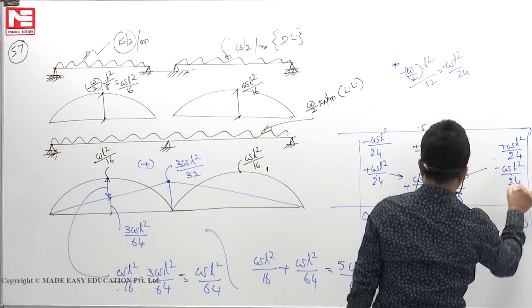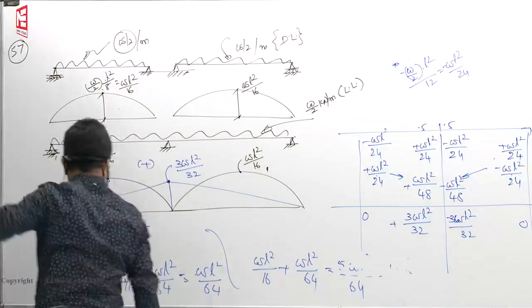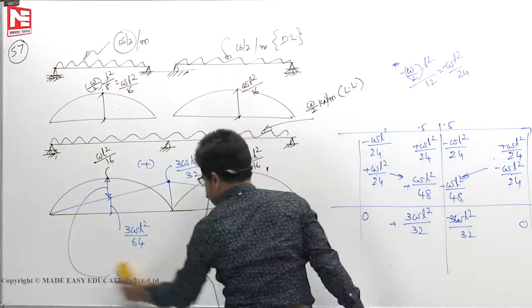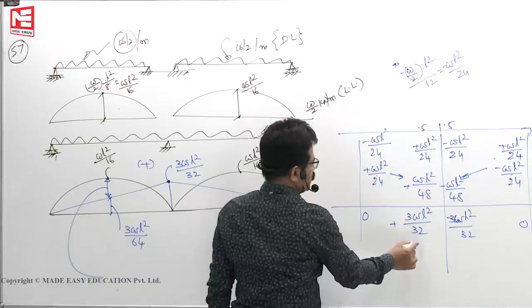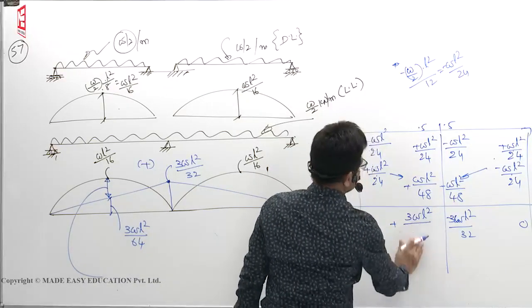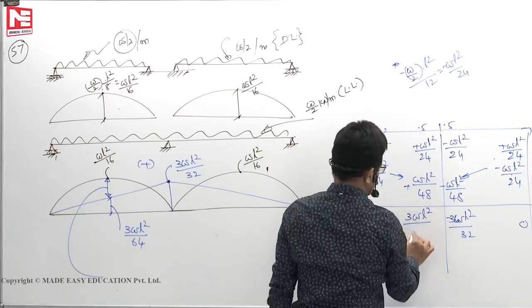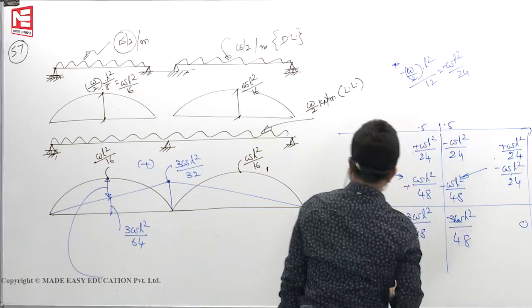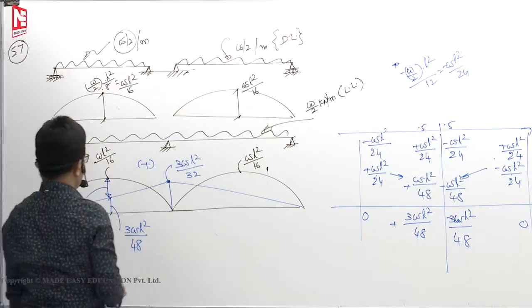Here also minus. So now this value works out to be, 48 common factor, 2 plus 1, 3 WL square by 48 minus 3 WL square by 48. This value is 3 WL square by 48.